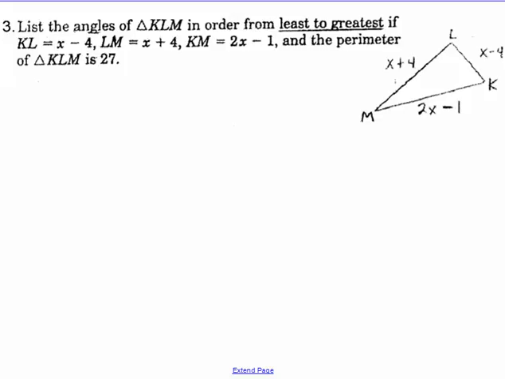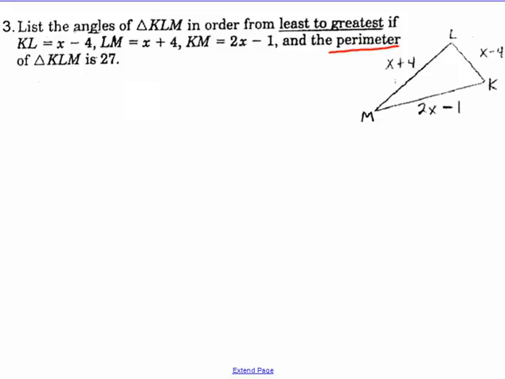So now I have to list the angles of this triangle in order from least to greatest. If KL is x minus 4, LM is x plus 4, KM is 2x minus 1, and the perimeter, this is a big word. They're saying that because it'll give us something that we already know.